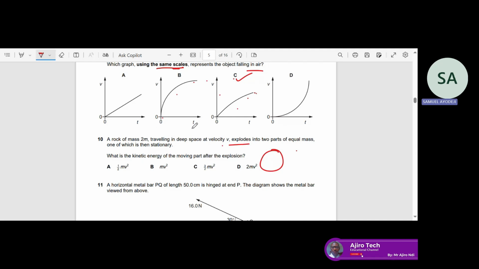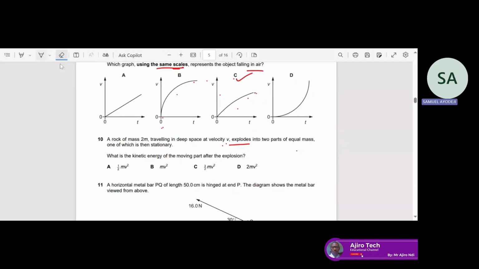Before it explodes, momentum is zero. So when it comes to an explosion, before an object explodes, momentum is zero. And momentum must be conserved, meaning that a rock of mass 2m traveling with velocity v. Okay, fine, so it explodes.